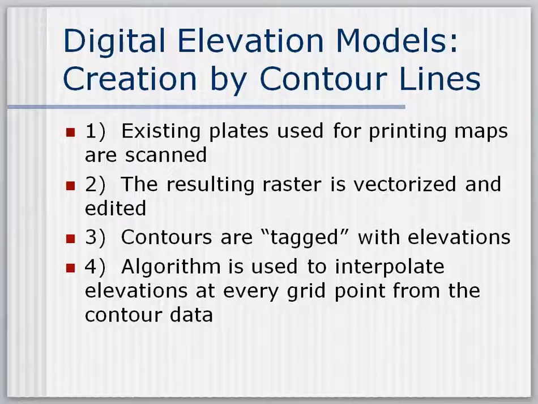And then finally, number 4, an algorithm is used to interpolate elevations at every grid point from the contour data. This is where, once these paper maps were scanned into the electronic world, an algorithm is used to start estimating what the surface looks like.